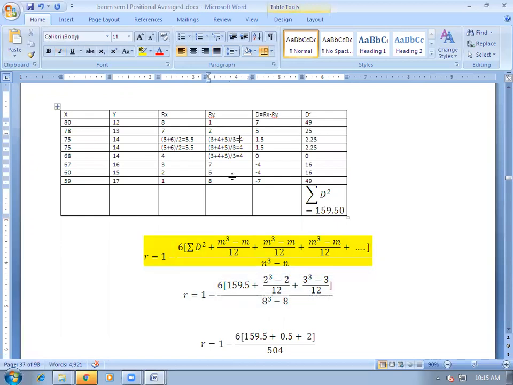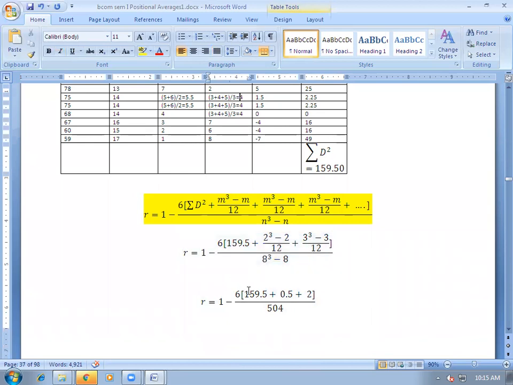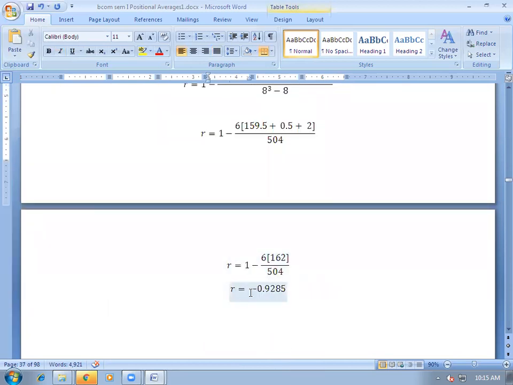If there are more ranks which are repeated, then I will again write this term and substitute the value of M in that. Now by solving these values, I will get the coefficient of correlation as minus 0.9285. Again, the coefficient of correlation is very high.